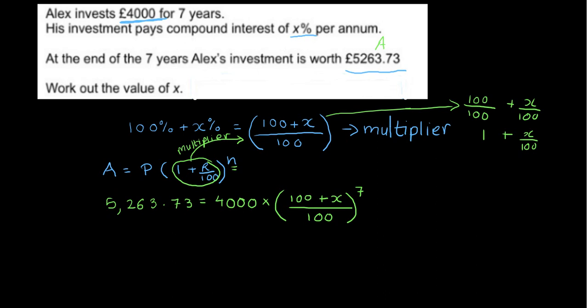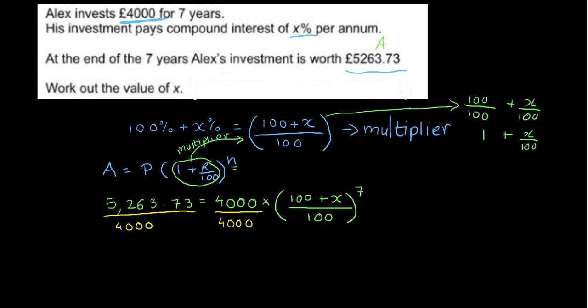So the first thing I'm going to do is divide both sides by 4,000. That'll get rid of 4,000 on my right hand side. Let's work that out. So 5263.73 divided by 4,000, and I get a really long number.